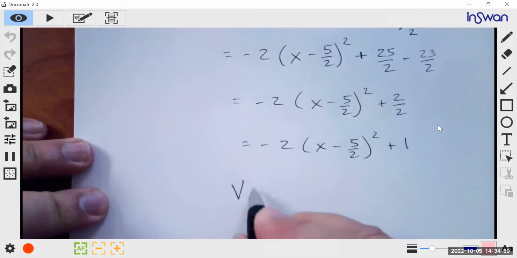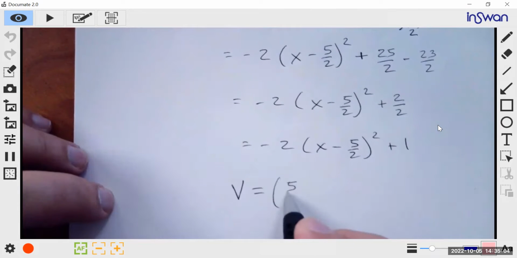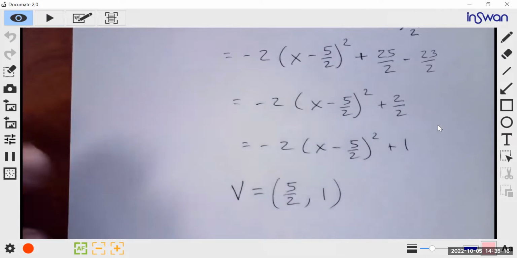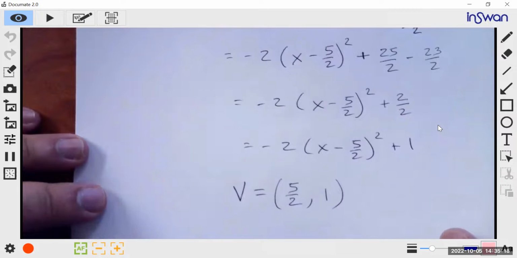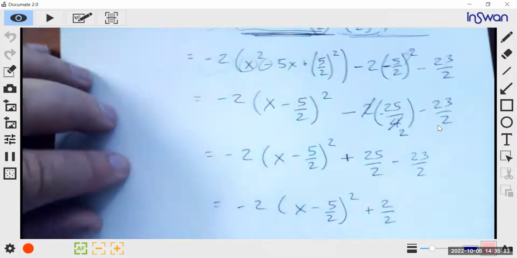So what's my vertex? Right. Yeah, I do apologize. This one is very messy. Whenever you have a coefficient, it becomes very messy. Another way, if you have a coefficient, you can split them up. I try to keep everything on one side.